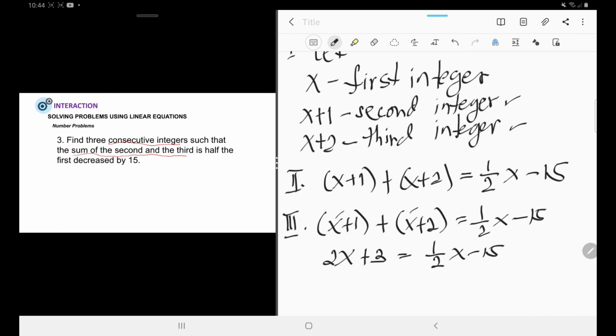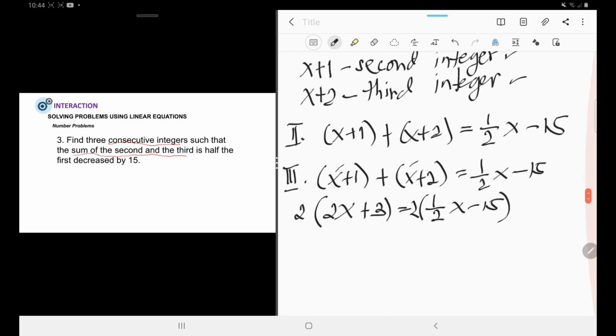Now, we want to get rid of the fraction. And to get rid of the fraction, you get the least common denominator. So in this case, the least common denominator is 2. So we will multiply both sides of the equation by 2.